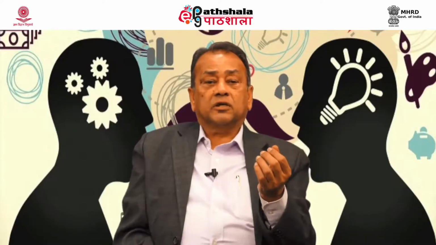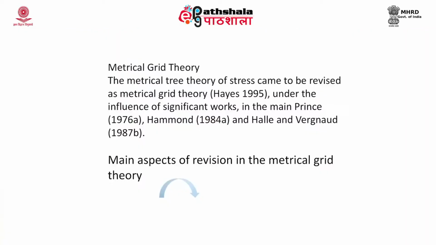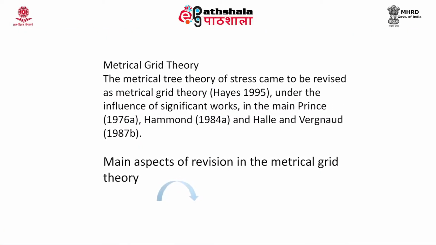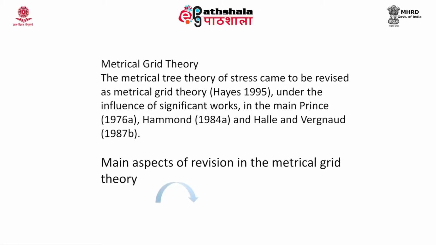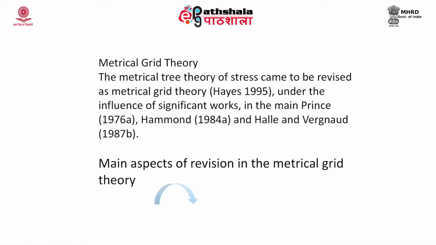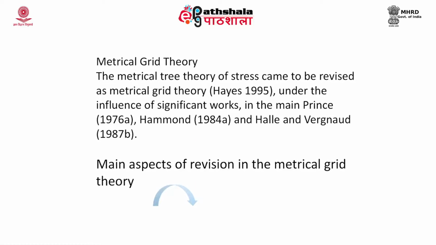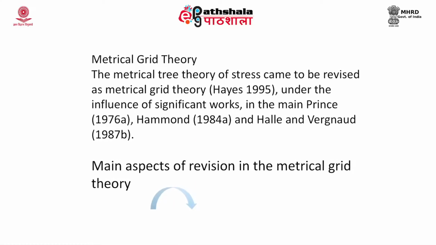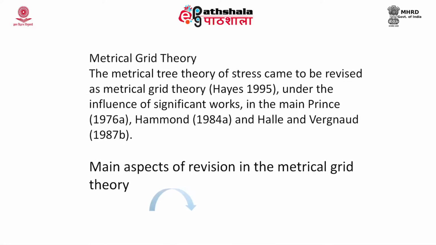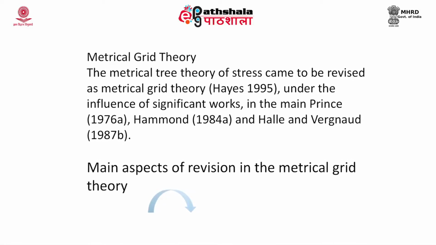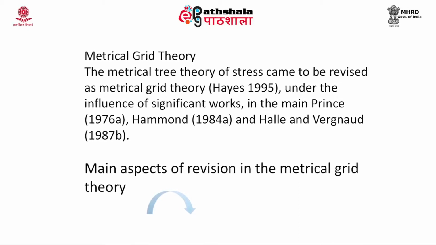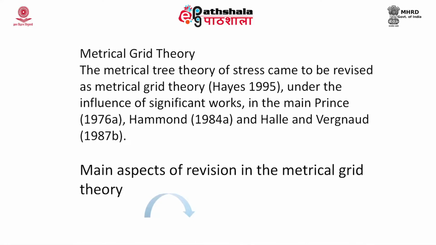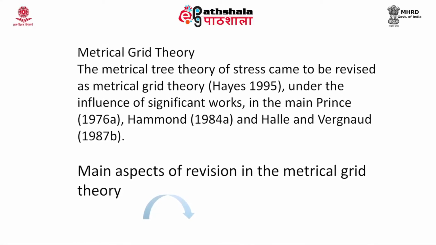Now to metrical grid theory. The metrical tree theory of stress came to be revised as metrical grid theory, presented in detail in Bruce Hayes' 1995 book. It was proposed under the influence of many significant works, in the main Prince 1976, Hammond 1984, and Halle and Vergnaud 1987.